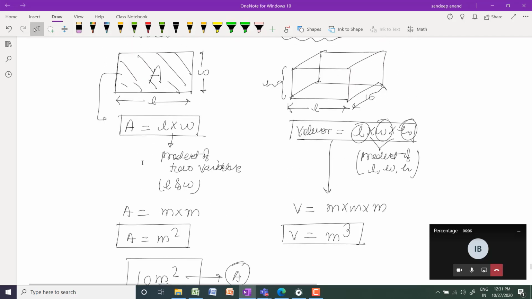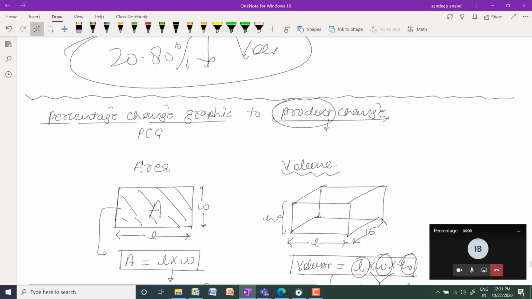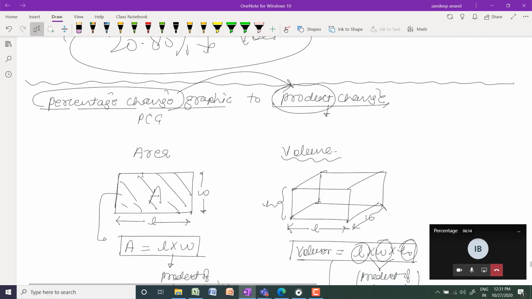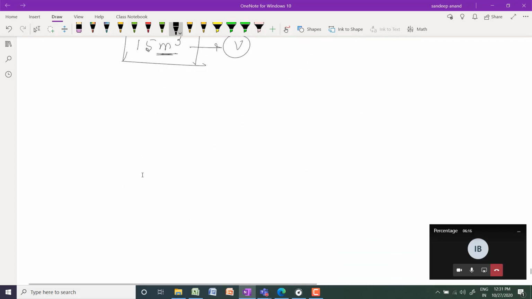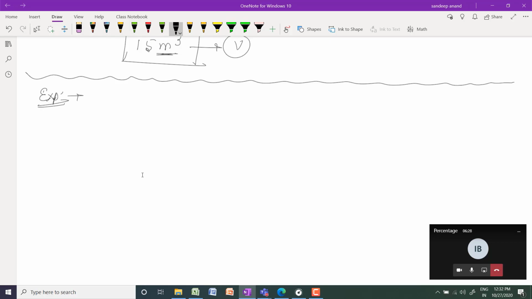Now here I am using how we calculate the percentage change for the product calculation, for area and for volume, when the parameters are changed. I am going to explain example number 1.